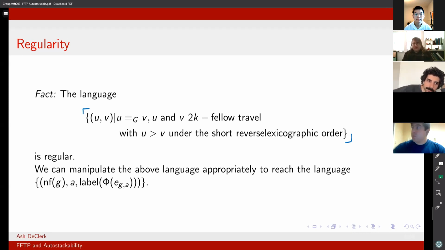We can prove that it is regular, and we can manipulate that language using a variety of tools that maintain regularity. Regularity is closed under a lot of really nice ways to manipulate languages, and I am not going to go through all the details.